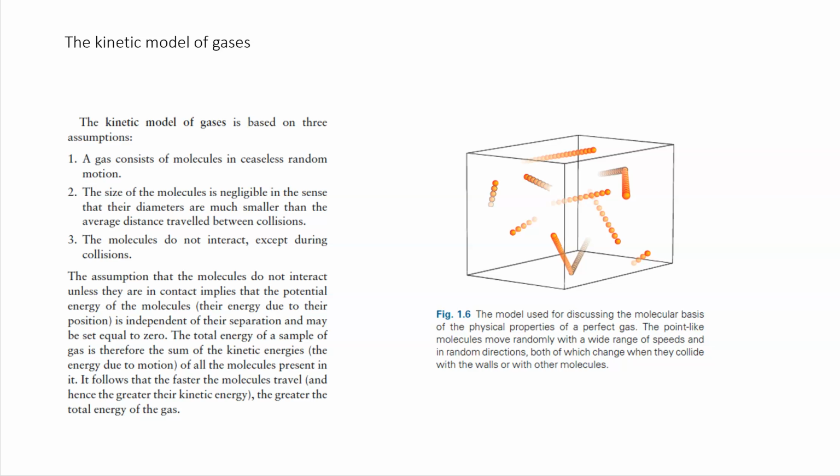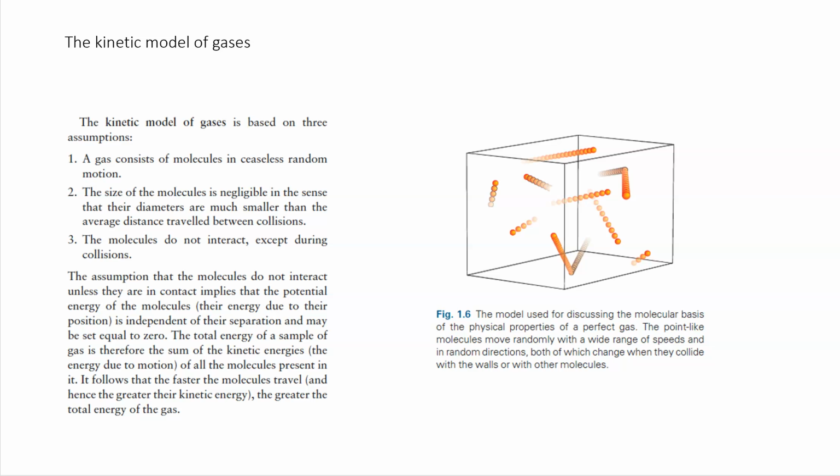But for now, think about all those collisions collectively leading to what we think of classically as a uniform pressure of a gas being exerted at any particular quantity, temperature, and volume, which affect that. And we'll be able to rationalize a lot of the components of PV equals nRT in the ideal gas law through this kinetic gas model. So, the assumptions. 1, a gas consists of molecules in ceaseless random motion.